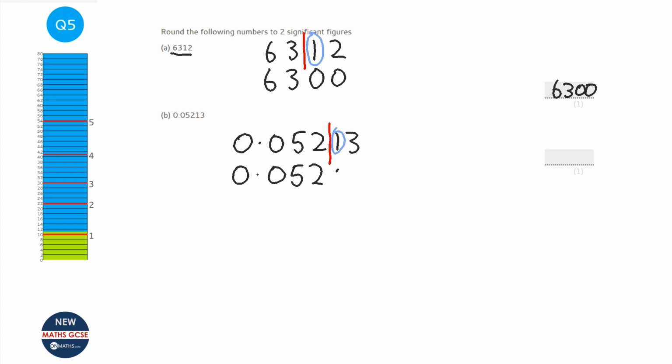Now I could put 0, 0 in here, but this time the numbers aren't actually affecting anything. Whilst before, the 2 zeros there were holding that 6 to 6,000 and the 3 to 300, so they were really important. The zeros here aren't actually changing the number at all, so we don't need to have them. So the answer is 0.052.